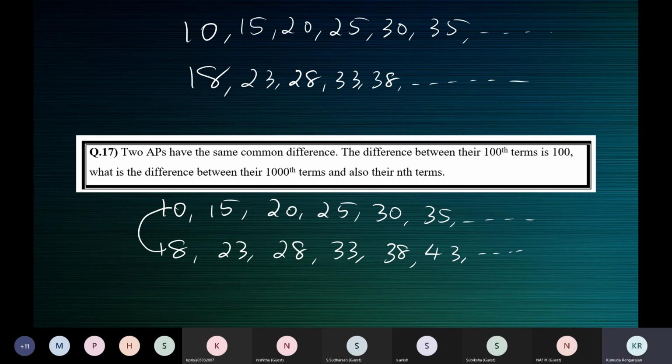The first terms are different, 10 and 18. The common difference in both the APs in our example is 5. Now this difference which you're finding is different. What is the difference between their first terms, children?